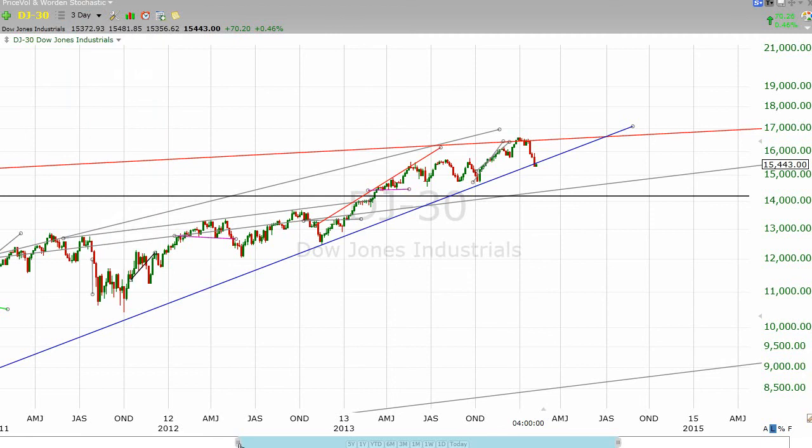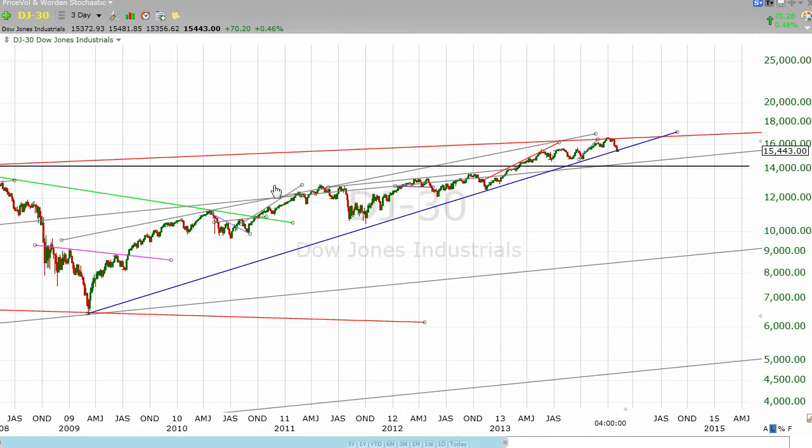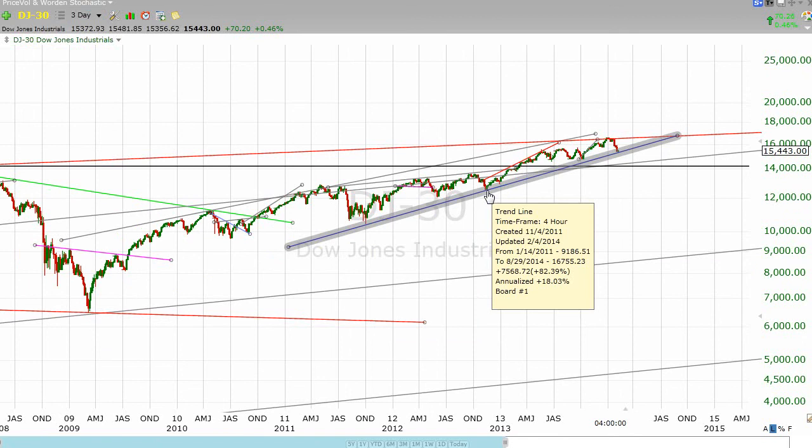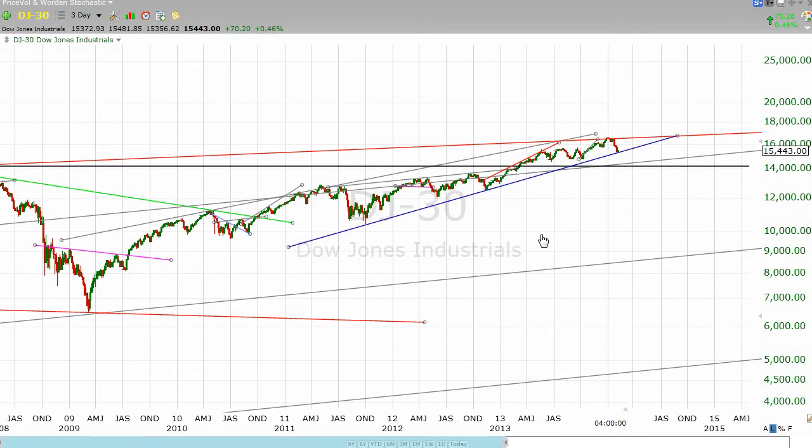Now, to be fair, we are using a point back in March of 2009 as our starting point. If we were to forget about that just for a little bit and use this low back in the middle of 2011 and adjust our line down just a little bit so that this low and this low in October of 2012 line up, then you see that these three areas touch exactly.